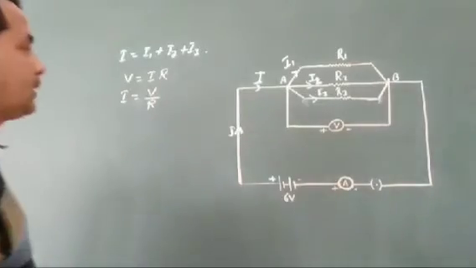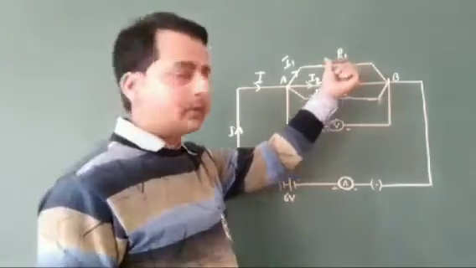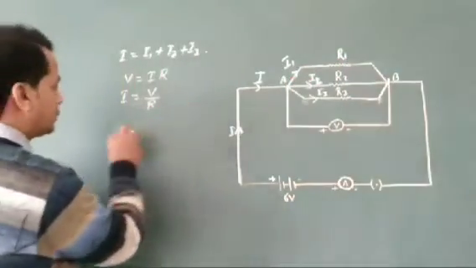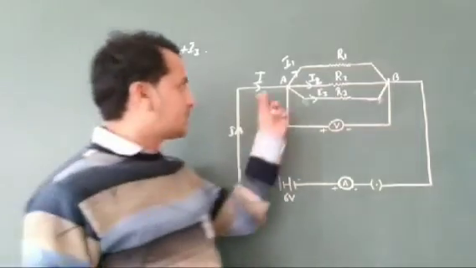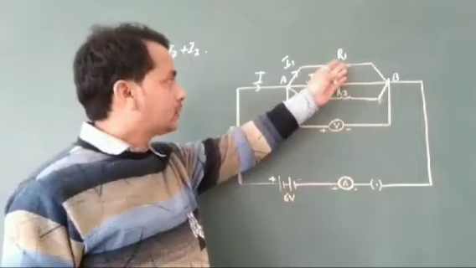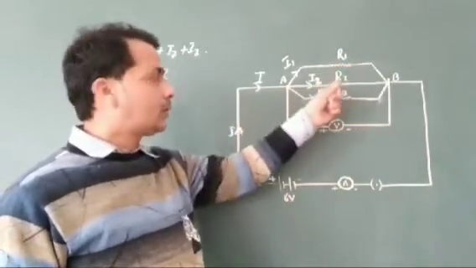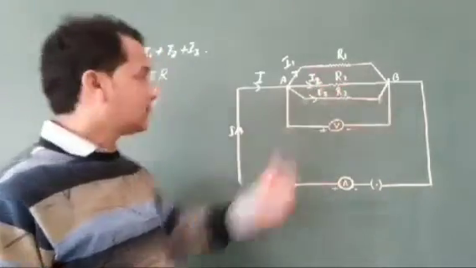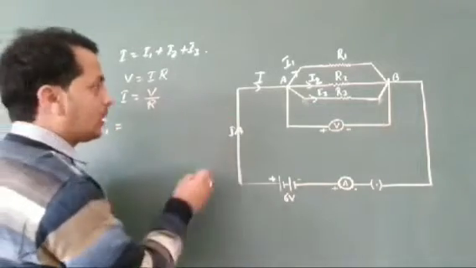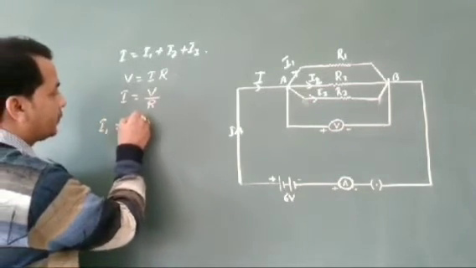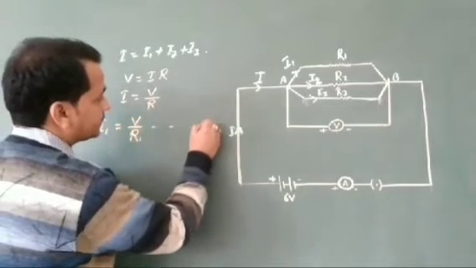So the current I1 flows across the resistor R1. Then I1 equals, here the potential difference will be the same in this circuit, because R1, R2 and R3 are in parallel combination. Then the current I1 flowing through R1 is V by R1, that is the first equation.